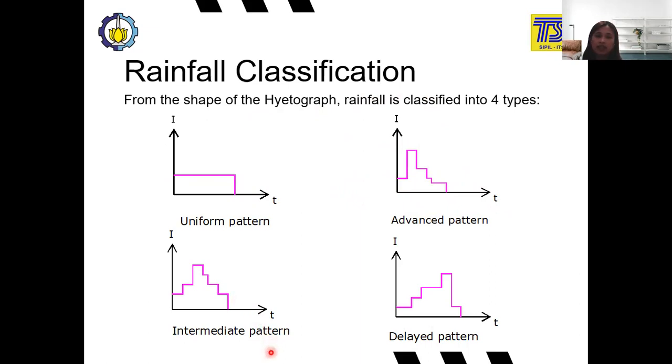And the intermediate pattern is when the rain is gradually increasing until the peak duration, and then gradually decreasing with the same duration between the increasing and the decreasing time of rain. And for the delay pattern, the rainfall intensity is higher nearing the end of the duration of the rainfall.